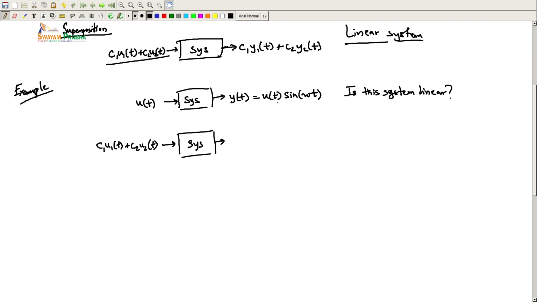At the output side, where there is u of t, we will substitute this expression C1 u1(t) plus C2 u2(t).